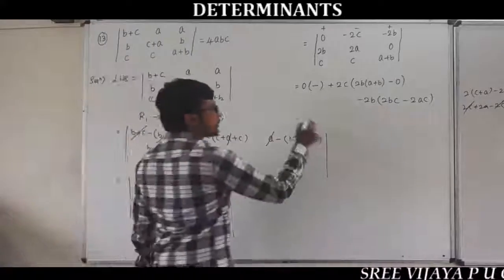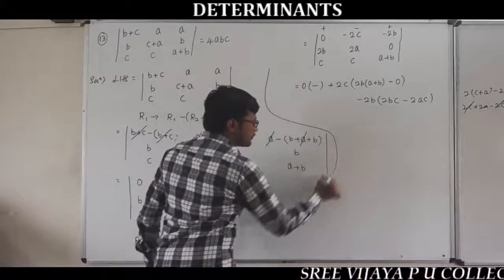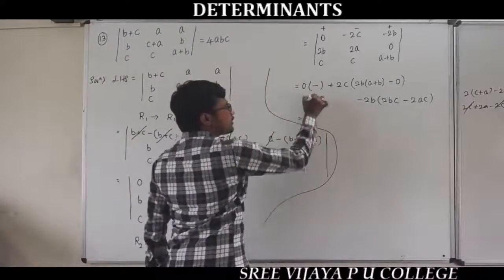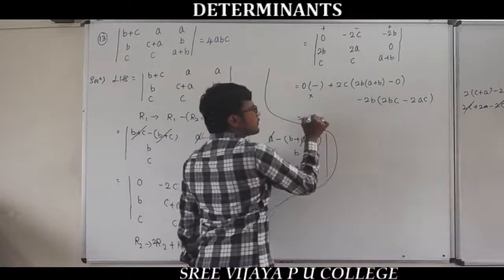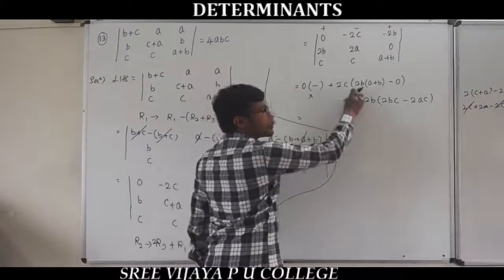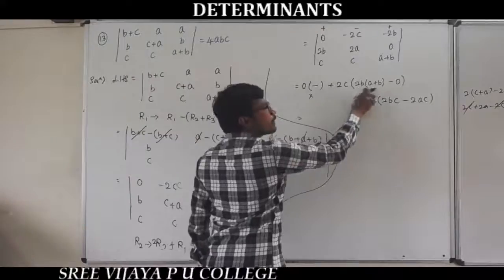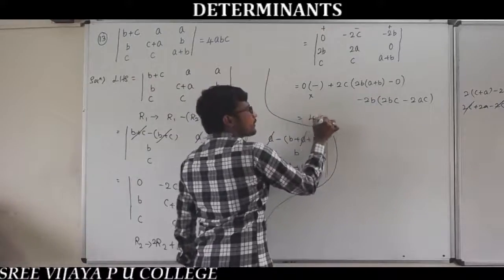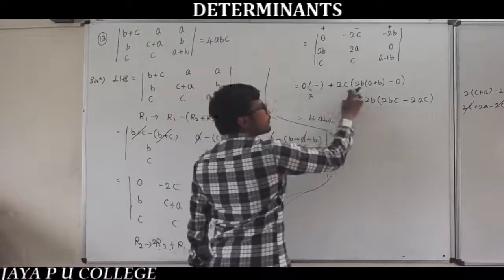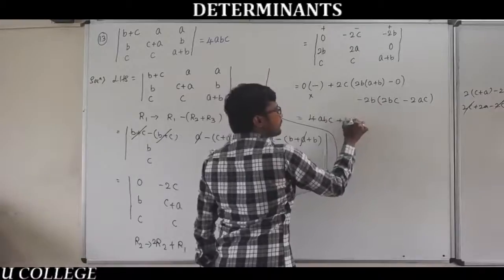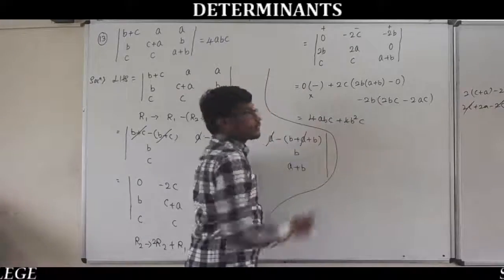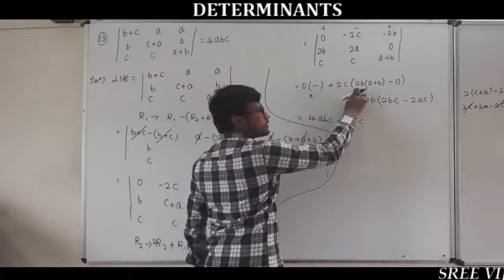So next, let us simplify that. This became 0, right? 2C into 2B, 4BC; 4BC into A, 4ABC; 4BC into B, 4B square C; 2 into 2, 4 B into C, BC, 4BC.